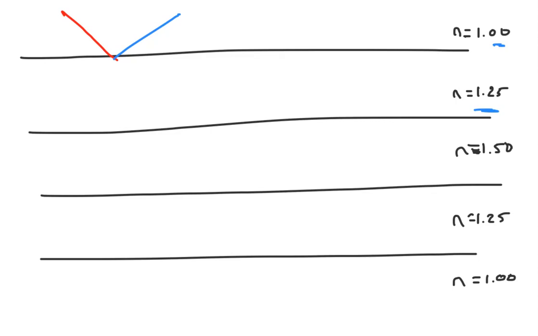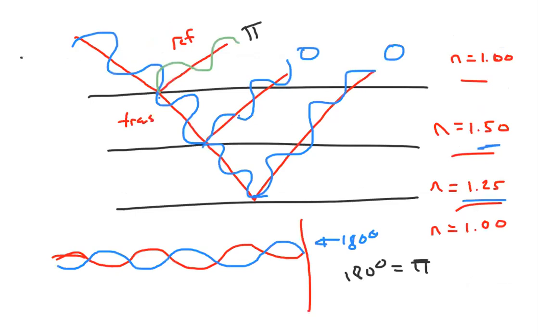There's not. Oh wait, you said no phase change? Remember what we just discussed? When it goes from a soft to a hard, there's a pi shift, right? We just did that.